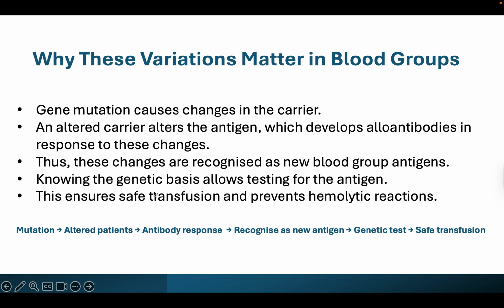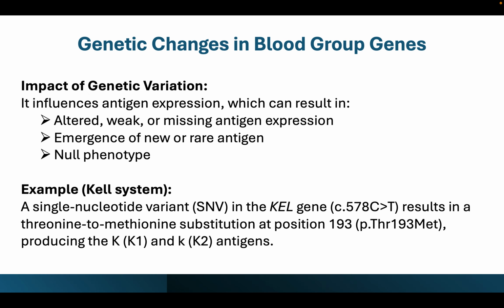Knowing the genetic basis allows testing for the antigen. If we don't know what the mutation is in this patient, we cannot test for it. For example, going back to that slide, now we know this mutation is at position 193.